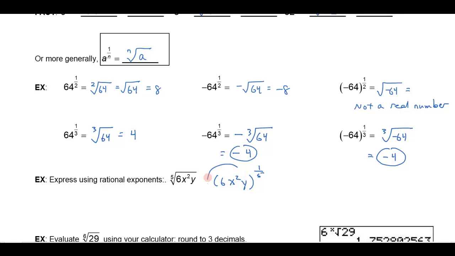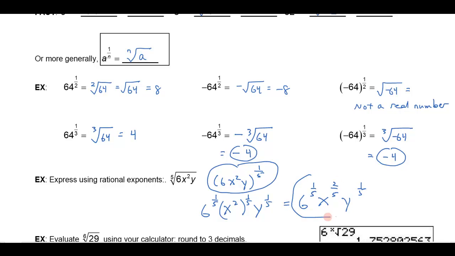You could leave it like that, or you could write it as 6 to the 1/5, x squared to the 1/5, and y to the 1/5. Depending upon what you wanted to do with this expression, you might leave it like up here, or multiply your exponents to get 6 to the 1/5, x to the 2/5, y to the 1/5. So either one of those would be fine.